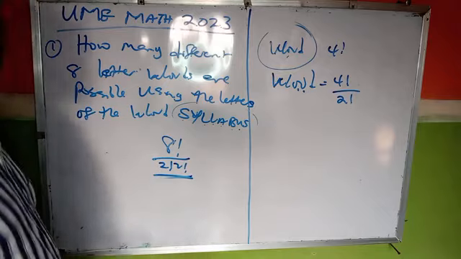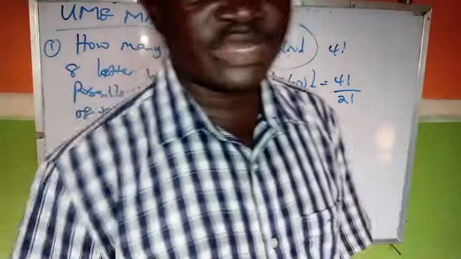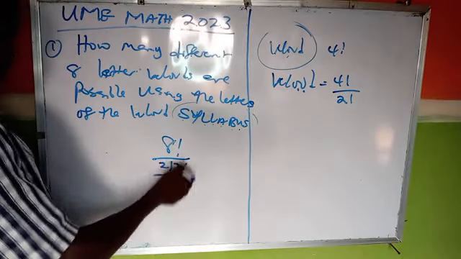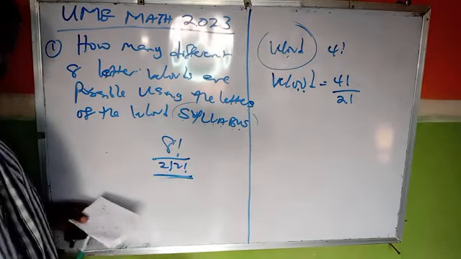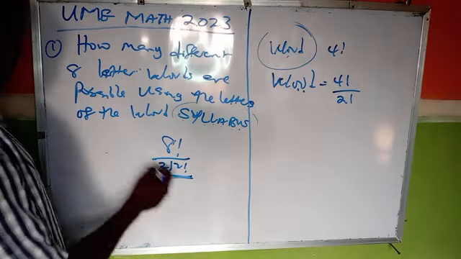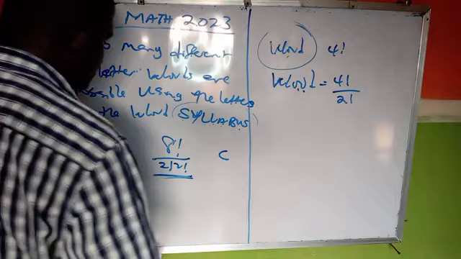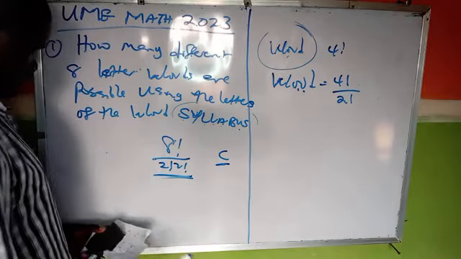JAMB has different types, so in any type they give you, you have this one as this. In this one, the answer there is what? C. The answer is C.